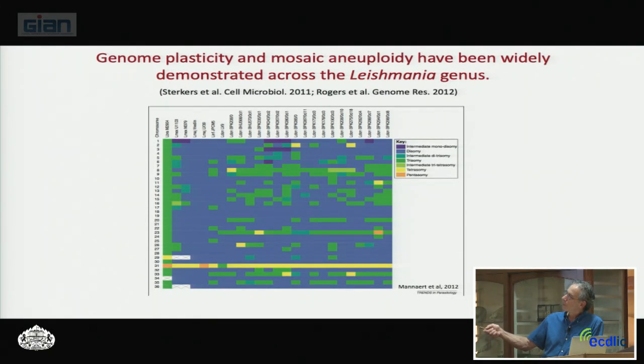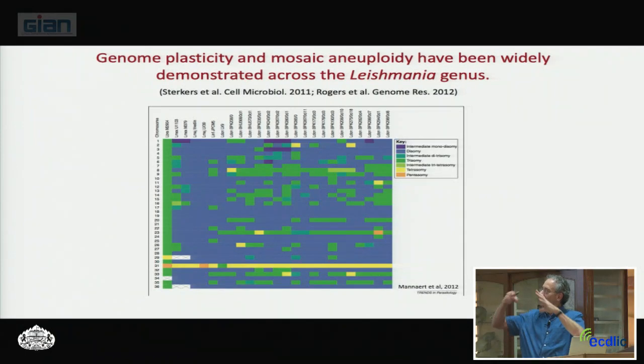Some of them are monosomic, these dark colors here. And chromosome 31 has been well described for many years now as being tetrasomic. So its normal copy number is 4. Four copies of chromosome 31.